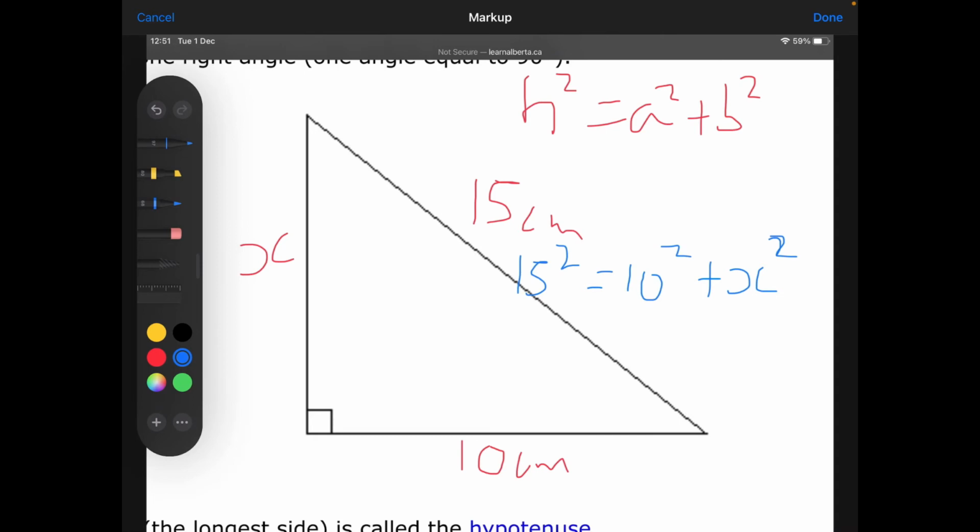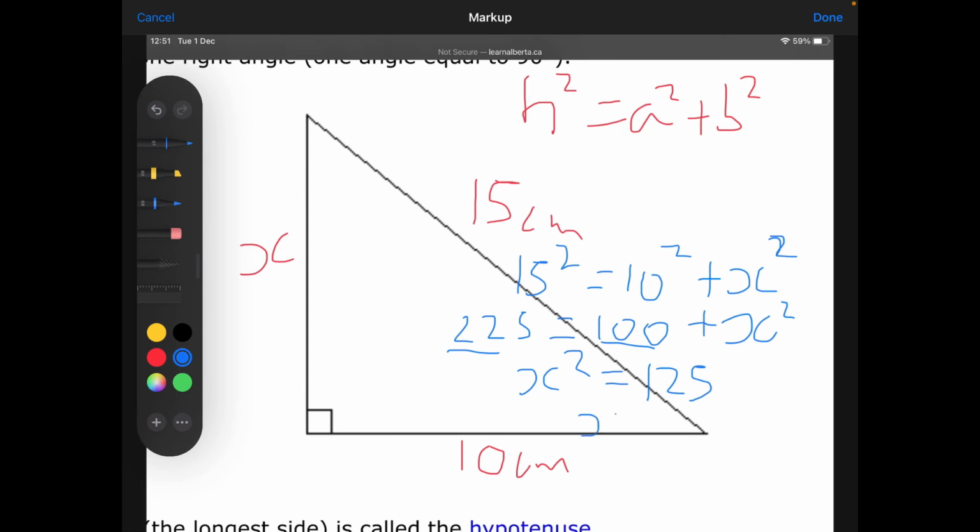So 225 equals 100 plus x square, which means that x square is going to be 225 minus 100, because when the 100 goes to the other side of the equation, it goes with a minus, so 125.